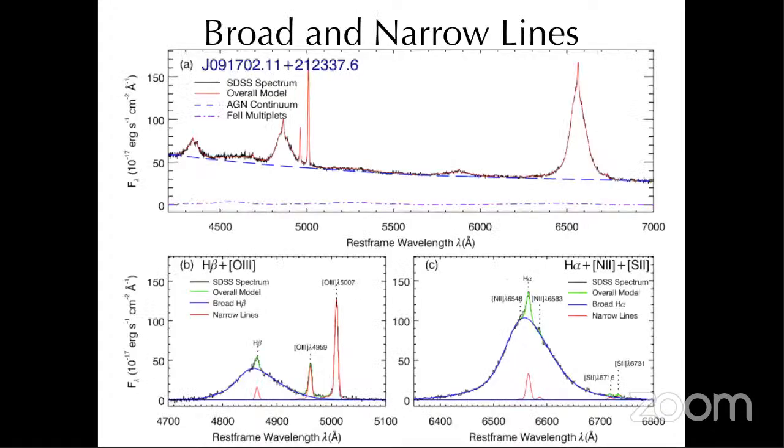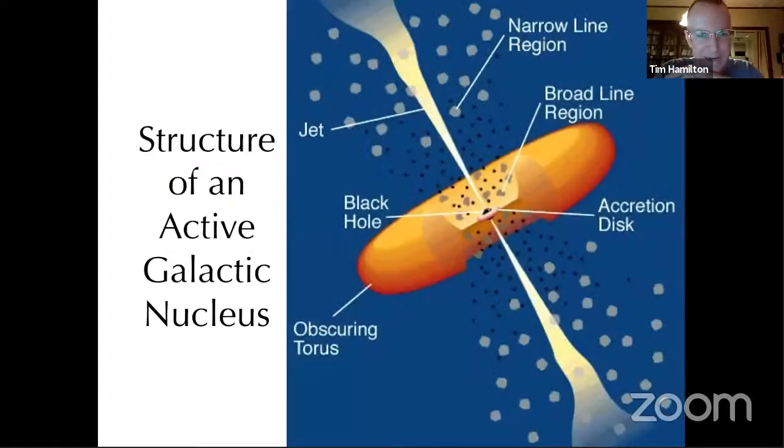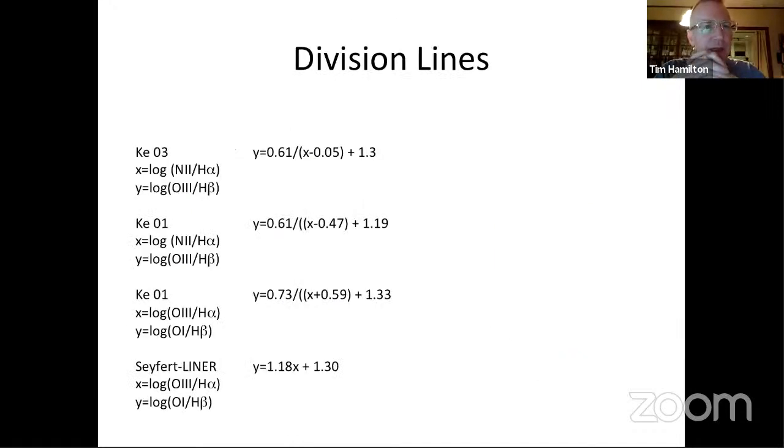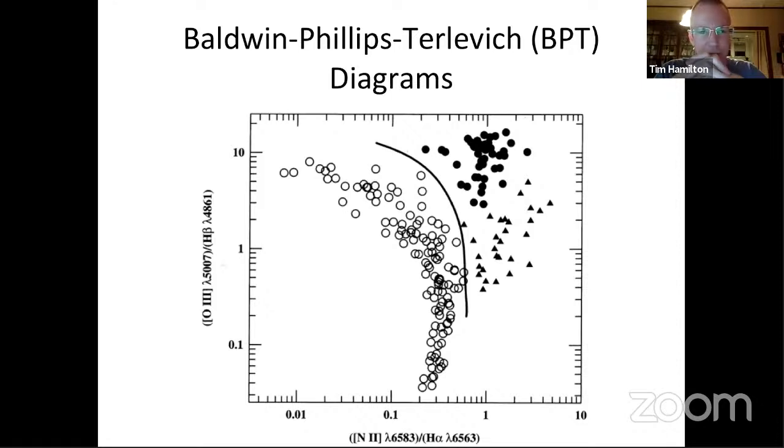Well, back in 1980, 40 years ago now, my goodness, Baldwin, Phillips, and Terlevich wrote a paper in which they noticed that if you take a spectrum of a lot of galaxies, you'll find that there are a lot of galaxies that have newly formed bright stars, starbursts going on, where the light from the hot stars is ionizing gas around it.